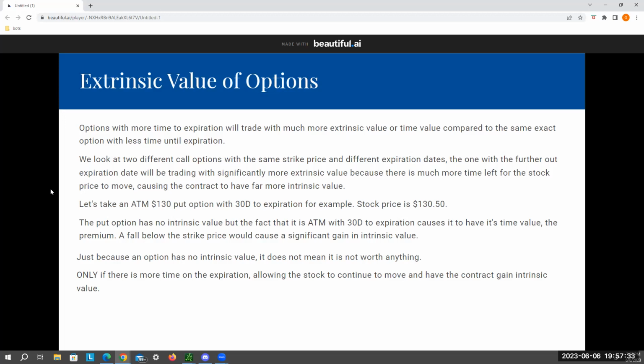Make sense? Just because an option has no intrinsic value does not mean it's not worth anything. Because the fact that this put option has $0 intrinsic value, but it's at the money with 30 days, you still have so much more time for the stock to move and for your contract to gain that intrinsic value. So it's always better to get further out contracts so you have time to gain your intrinsic value on your contract.